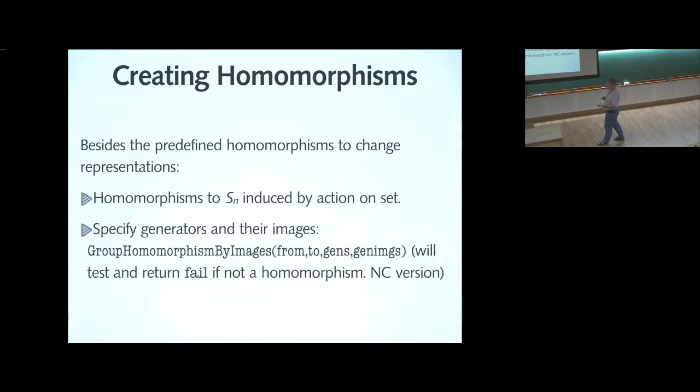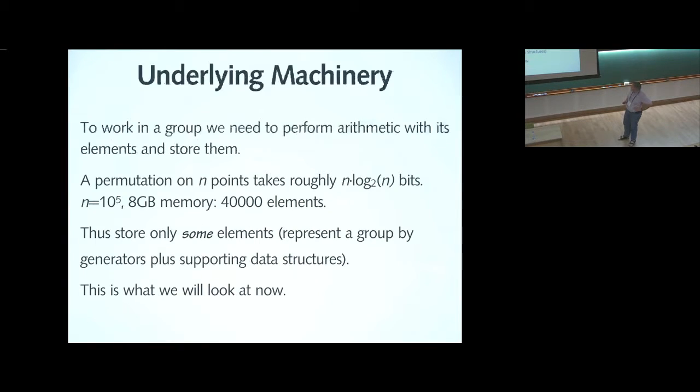This is the same idea as specifying a linear map by images of a basis. This will test that indeed this mapping on the generators gives a homomorphism, and return fail otherwise. There is an NC version for no check, which will be faster, but then obviously does not do the test. So that's some of the basic things you can do.